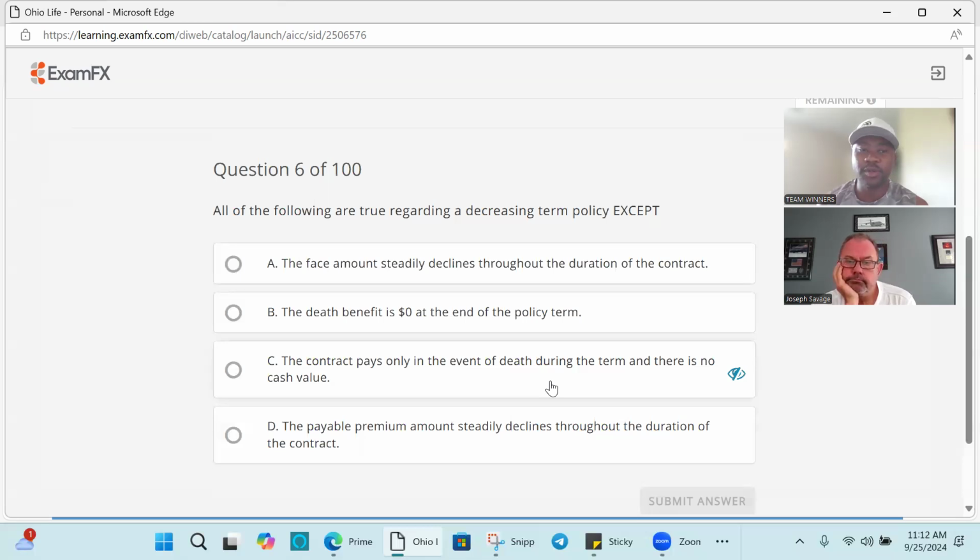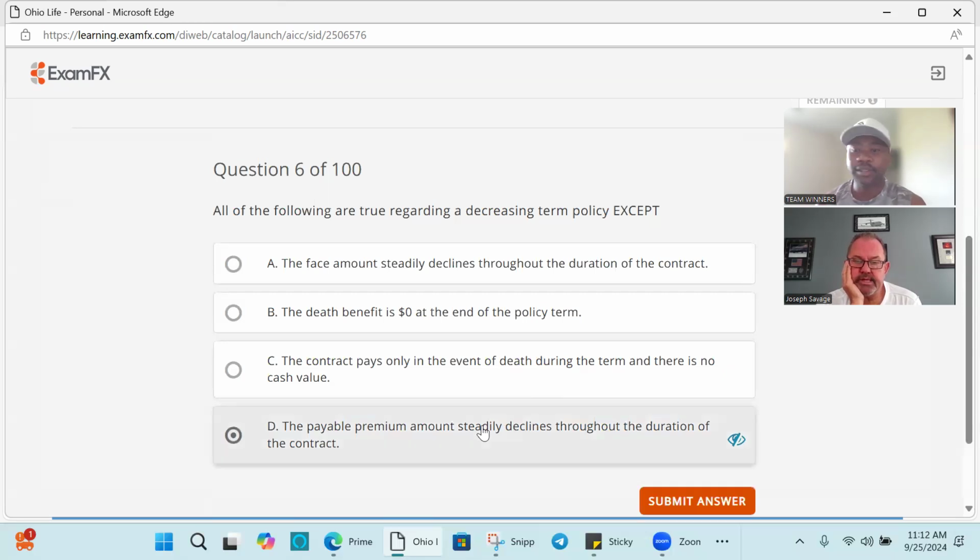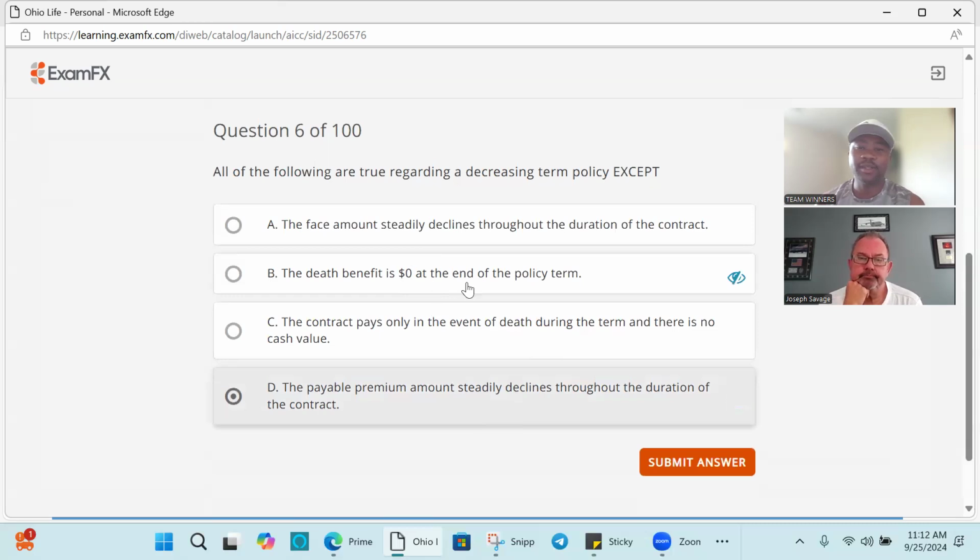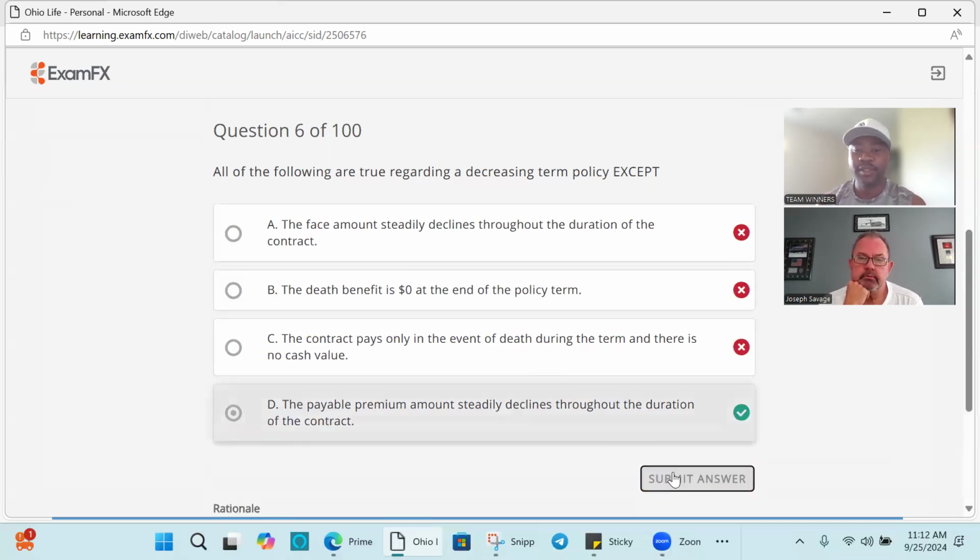Not entirely sure, so it's either B or D. Death benefit is zero at the end of the policy term, that's true. And D is the answer because the premium stays the same throughout the entire length of the contract. And if he doesn't die, then he pays $0.